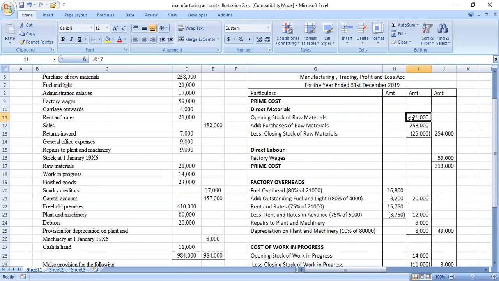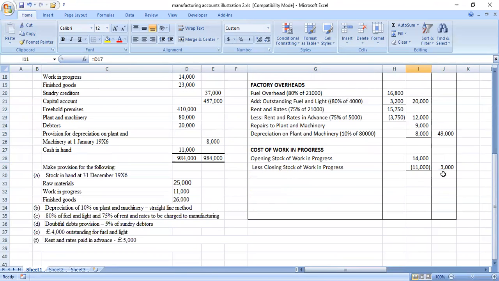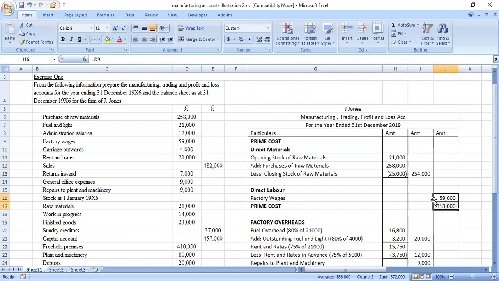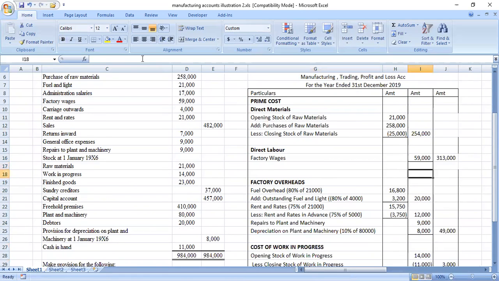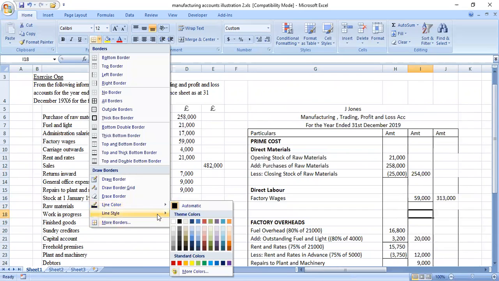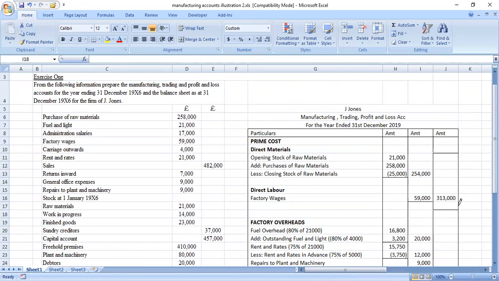Yes. Okay, now with those three items, let me shift this to the inner columns, the direct materials. Nizihamishe kidogo for the purpose of presentation. So the prime cost was still that 313. Umeelewa nimefanya nini? But anyway, I explained the concept well.